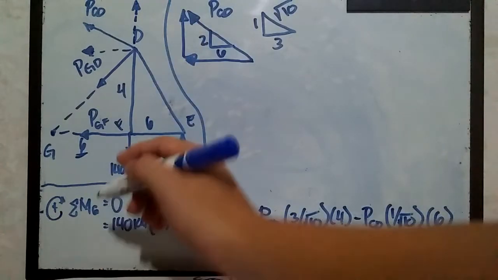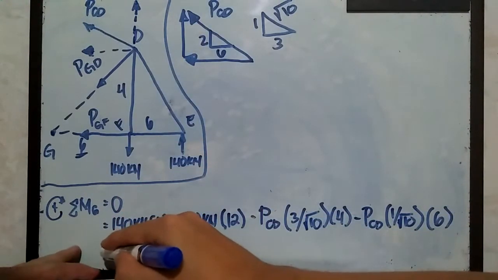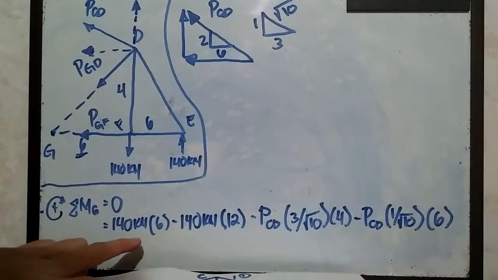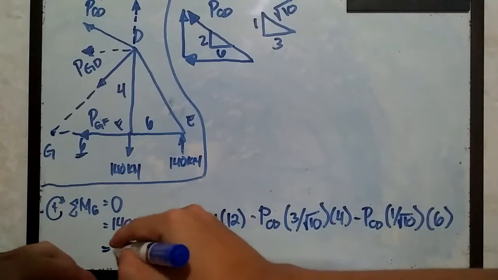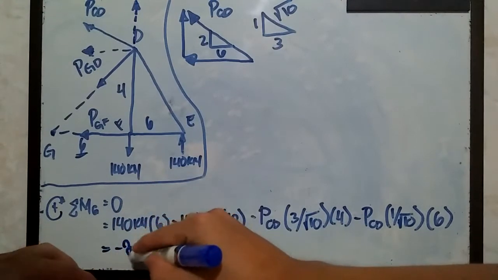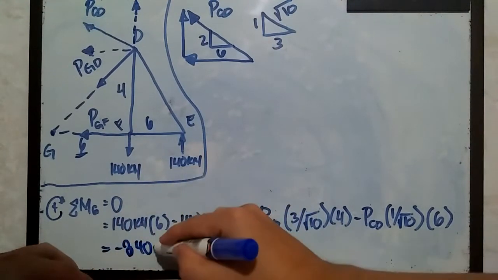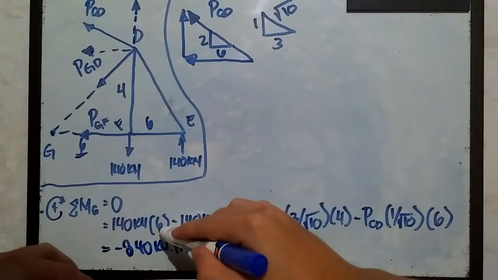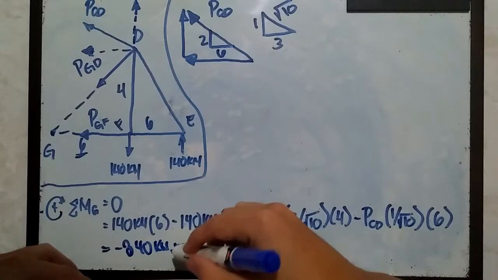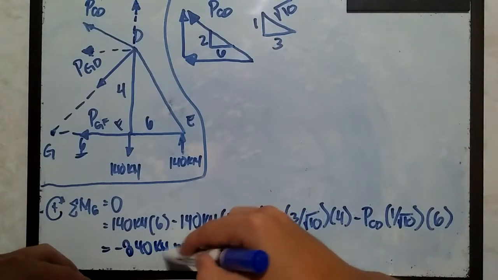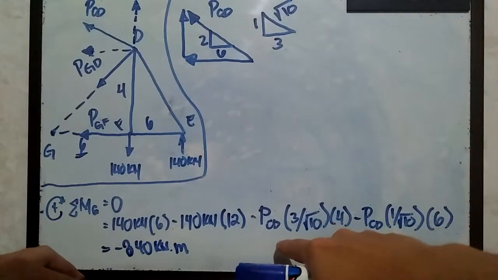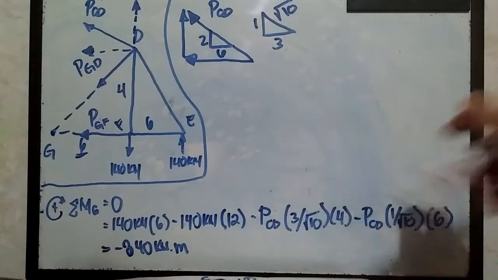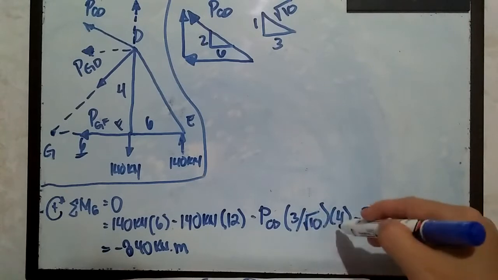If we simplify that, this one is equivalent to negative 840 kilonewton meters, because the unit of 6 and 12 is in meters, so that's why we have kilonewton meters. And for this one, all we need to do is to simplify the slope and the distance.